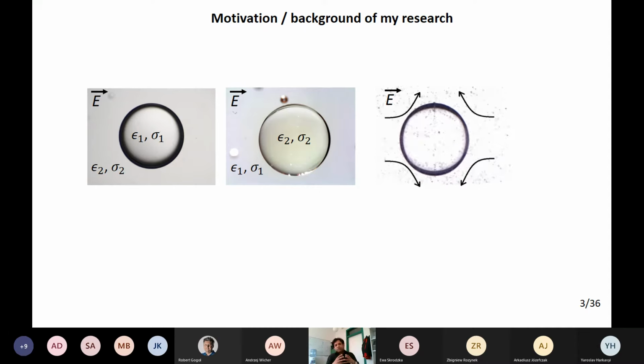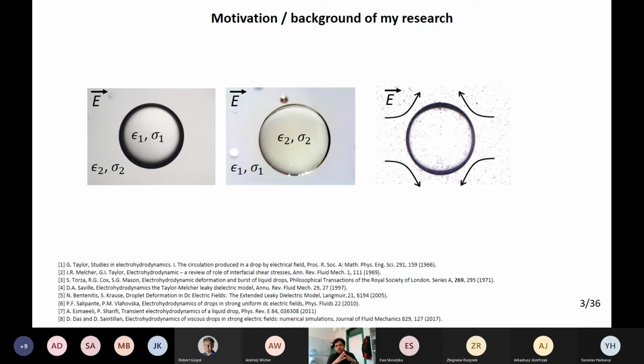The electrohydrodynamic deformation of a weakly conductive droplet was first studied by Taylor in 1966, which was subsequently developed by Melcher and other researchers. It was very extensively studied by people both experimentally and theoretically.